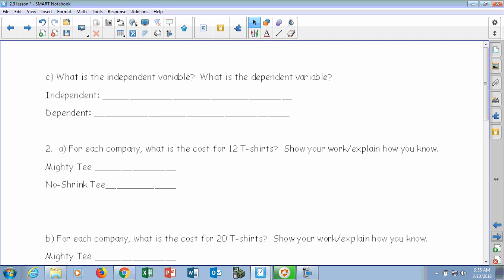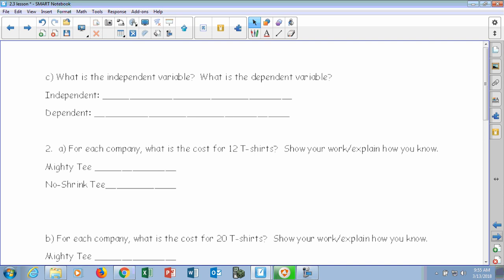So our independent variable, in this scenario, we're looking at t-shirts, which is our n, the number of t-shirts. We're looking at our c, which is the total cost. So based on those 2 things, because that's all they gave us, our c and our n, which one of those would be our independent variable?